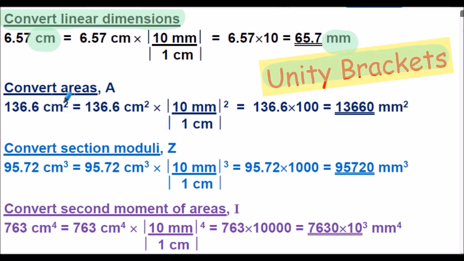If we're converting areas, then we'll find that there's a factor of 100 in our conversions. If we're converting our section moduli, Z values, from centimeters cubed to millimeters cubed, there'll be a factor of 1000. And if we're converting our second moment of area, I values, from centimeters to the 4 to millimeters to the 4, there's a factor of 10,000. And we derive those factors through the use of unity brackets.